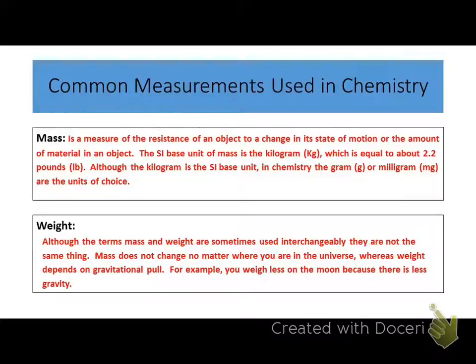Now, as we talked about in Part 1 of this lesson, the SI base unit for mass is the kilogram, which is about 2.2 pounds. Alright? Now, even though the kilogram is the SI base unit, in chemistry, because we deal with very small amounts of material, such as atoms, we're going to use the gram or the milligram.